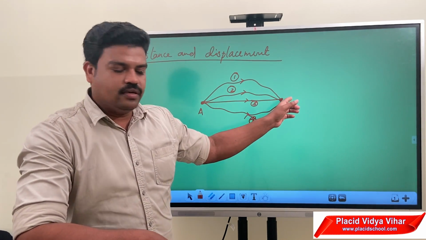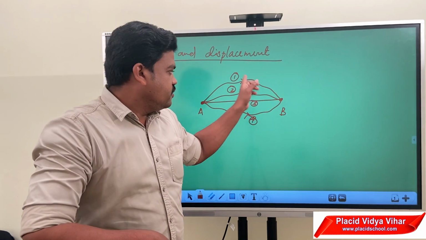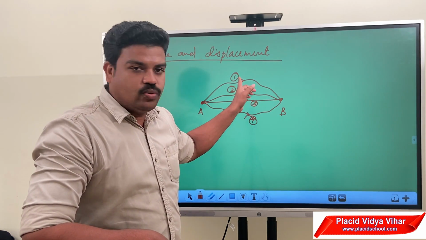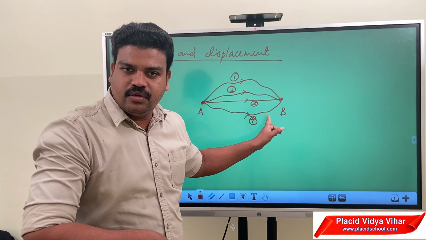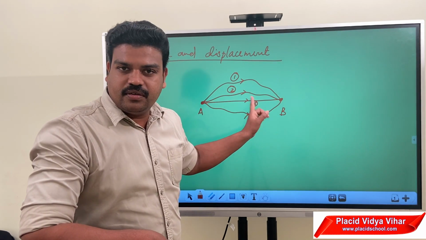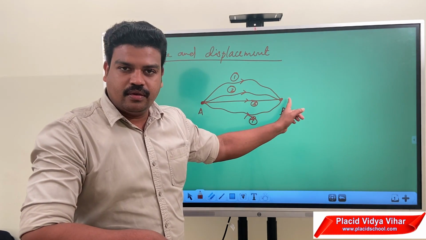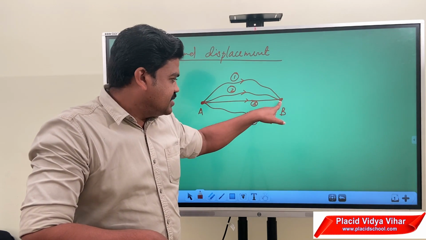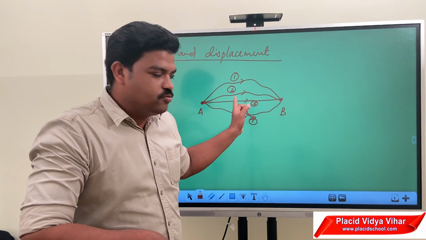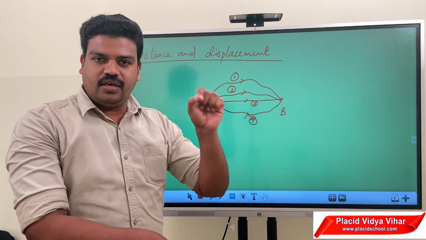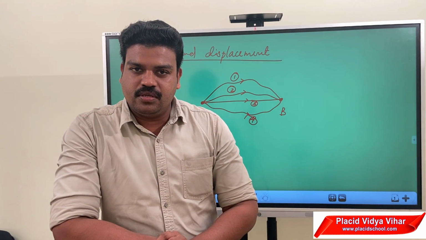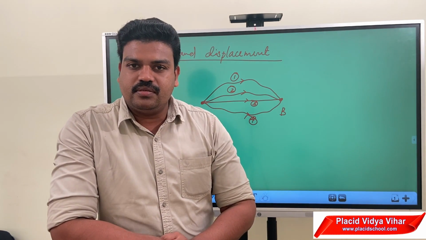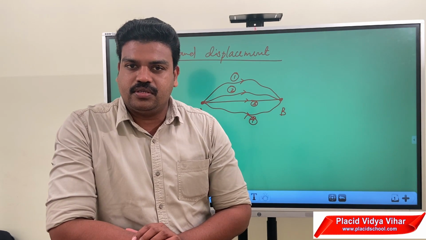In these 4 different tracks, A and B are directly separated in this path. The shortest separation between the points A and B is path 3. So 3 is treated as the displacement, and all others are treated as the distance or path length covered.